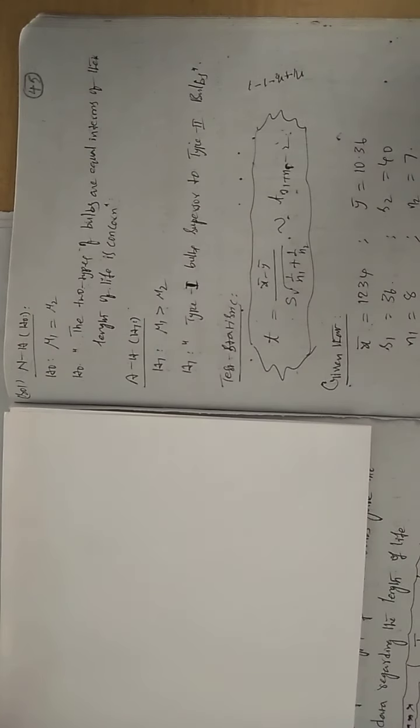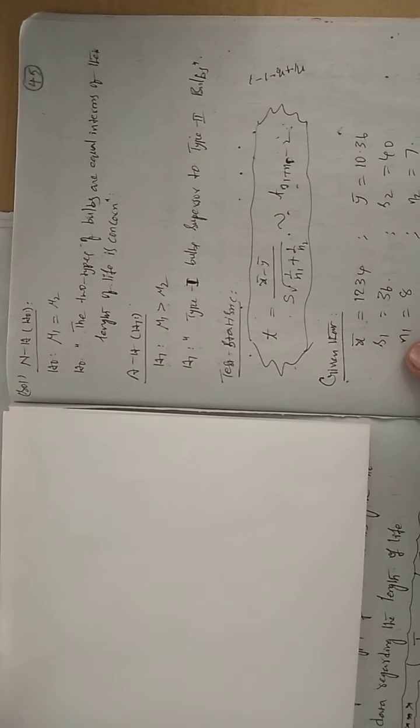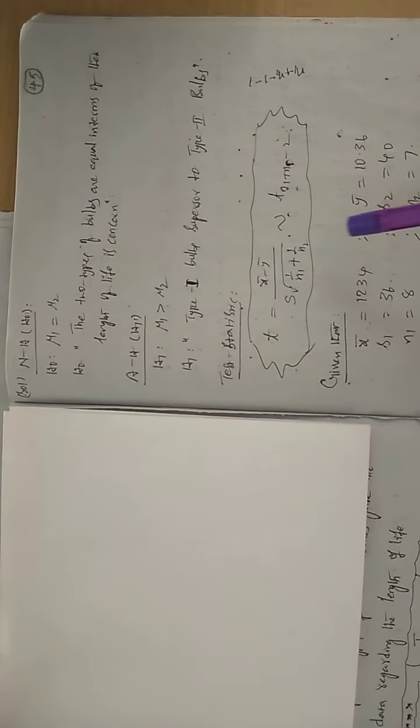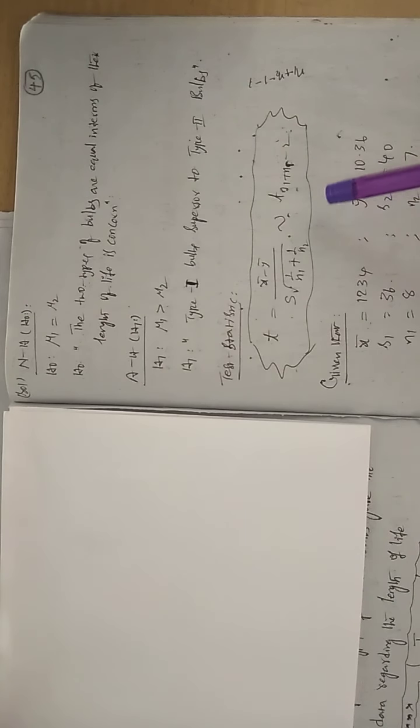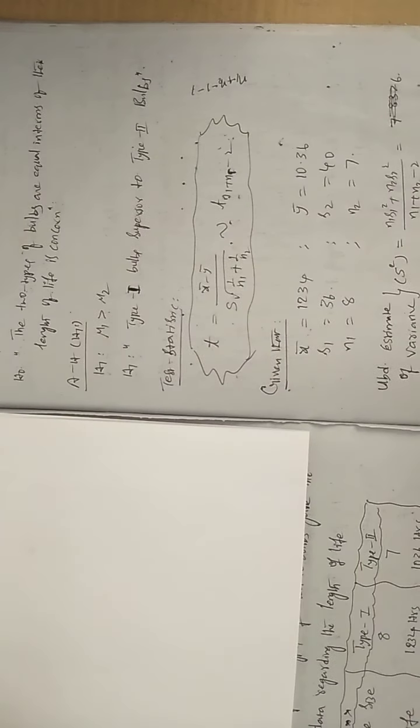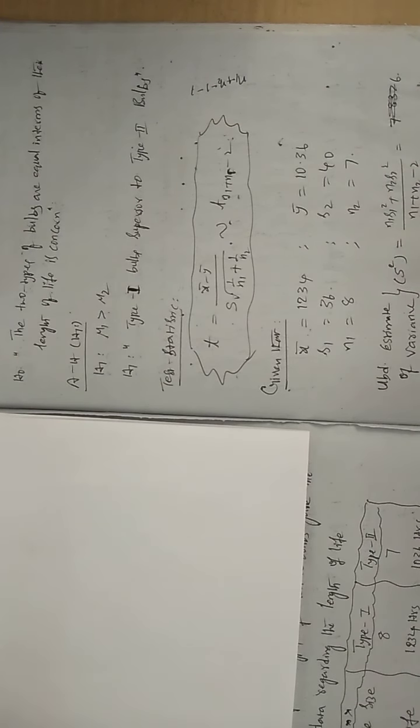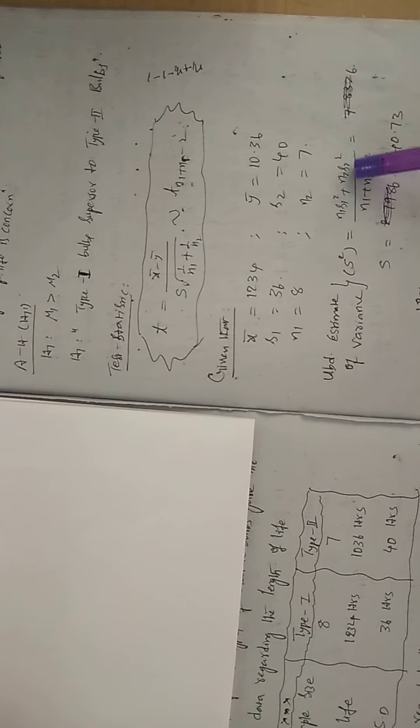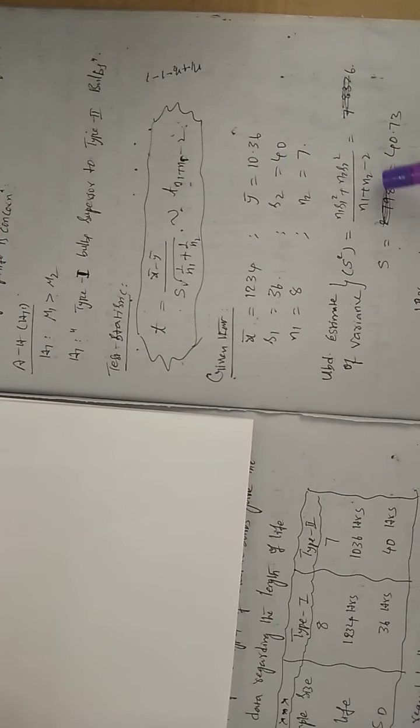Only the sample standard deviation is given, hence we are going to apply the T distribution formula. T is equal to x bar minus y bar by s square root of 1 by n1 plus 1 by n2, with n1 plus n2 minus 2 degrees of freedom. Given x bar, y bar and all the details, but how do you get s? We use s squared equals n1 s1 squared plus n2 s2 squared by n1 plus n2 minus 2.